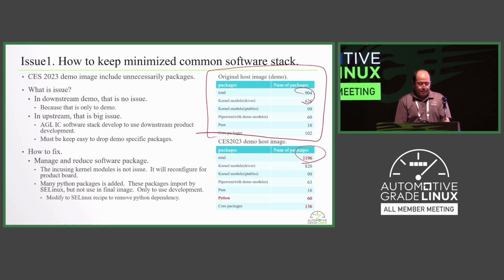But the main issue is that this Python package is added. This package is imported by SELinux, but is not used in the final image, because it is only used in development. But it is too difficult to drop these packages from images. So we modified the SELinux recipe to remove the Python dependency. That is our first issue fix detail.